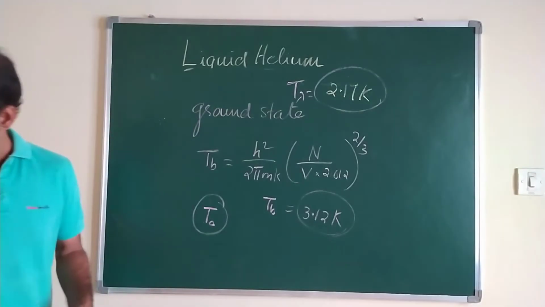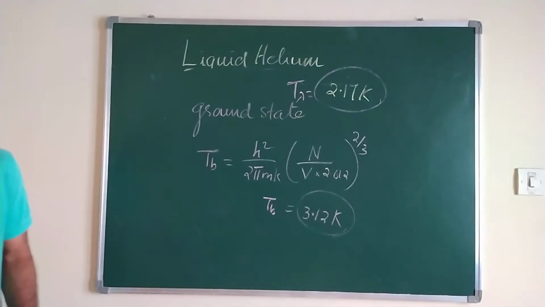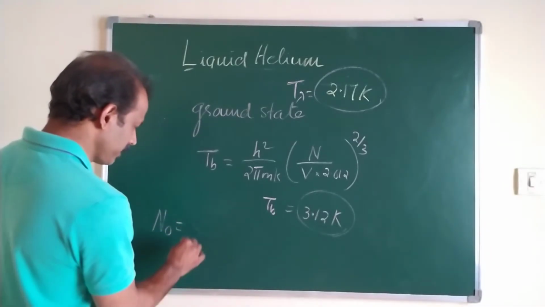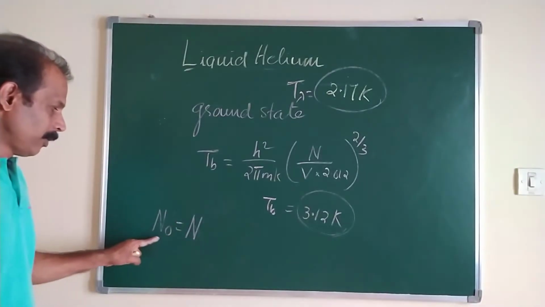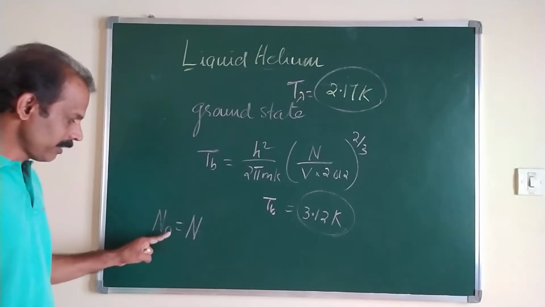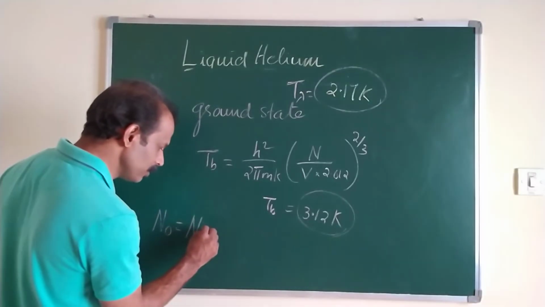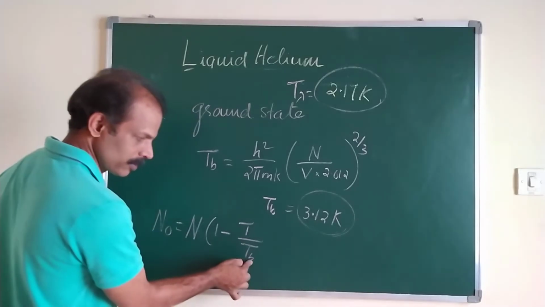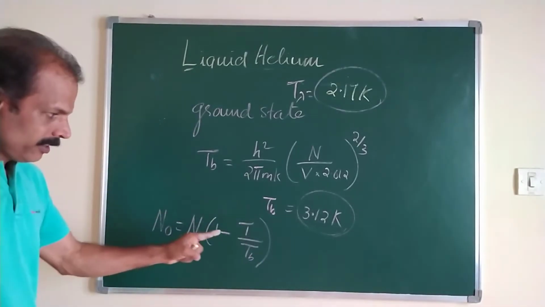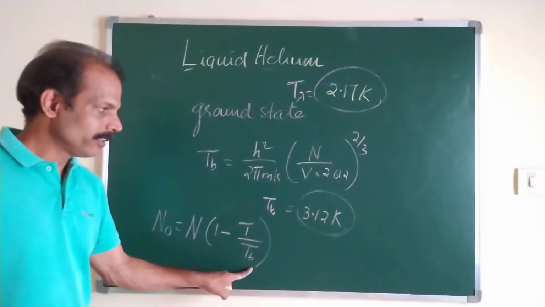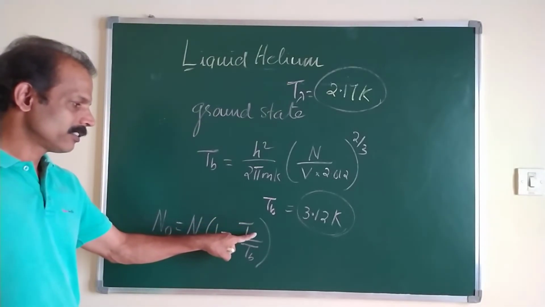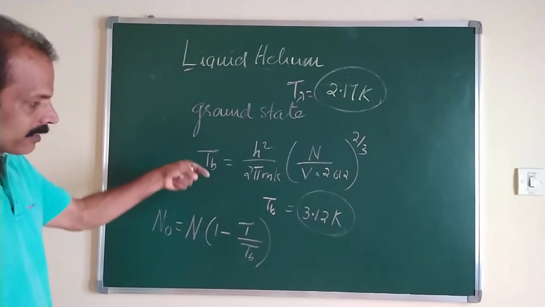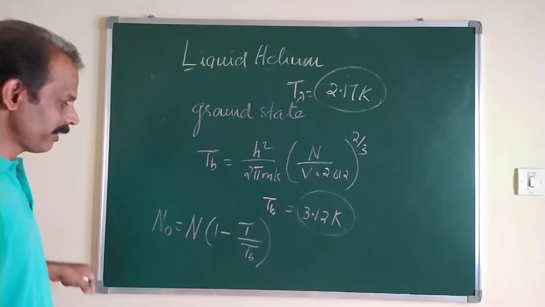And from our equation, again from Bose-Einstein condensation, N0, that is the population of the ground state or total number of particles present in the ground state, is equal to N into 1 minus T divided by T_B or T0. When the temperature T at which the system exists is less than T_B, what happens?